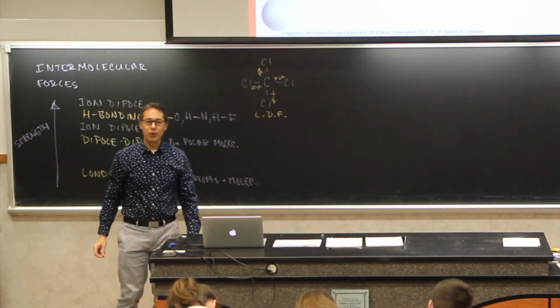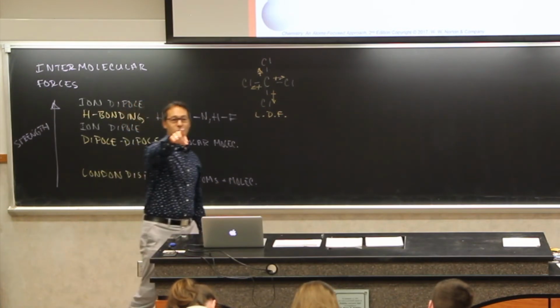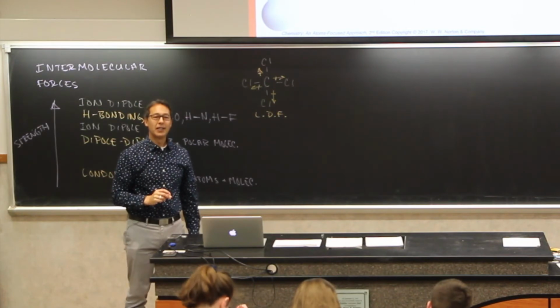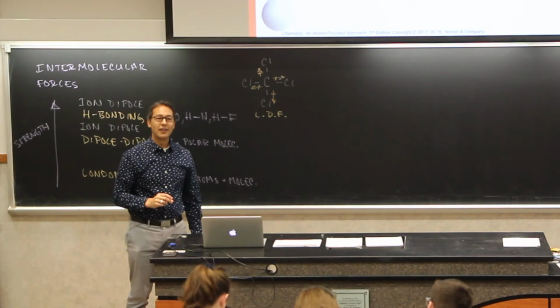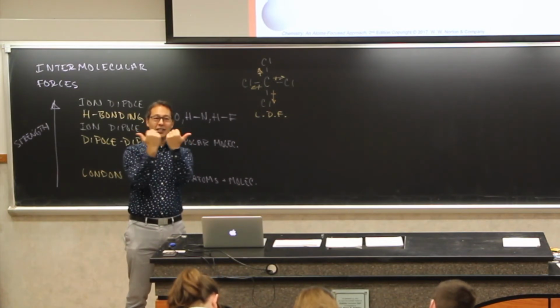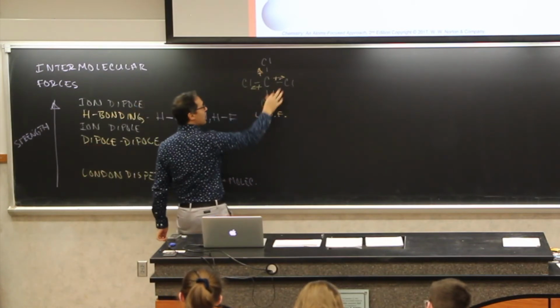Is the molecule polar? Molecule is not polar. You are correct. Why is the molecule not polar? But they're equal and opposite. Yeah, they're equal and opposite. Now, this is drawn in 2 dimensions.